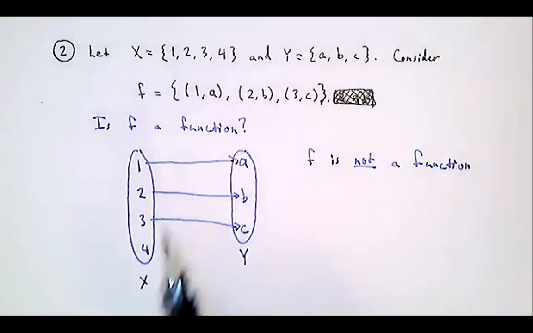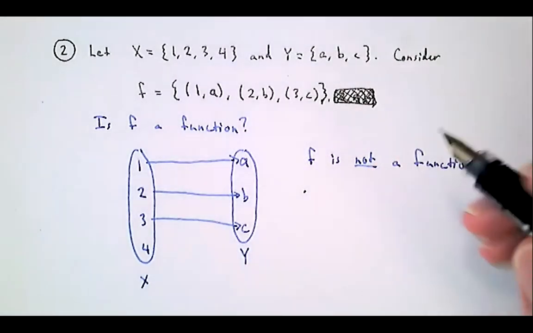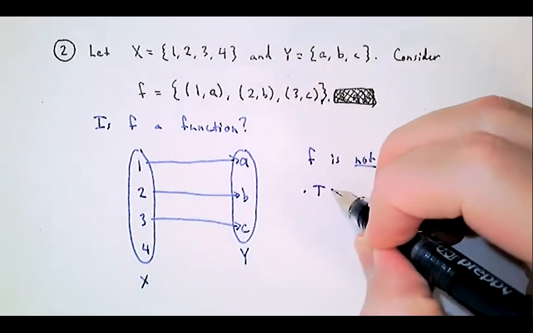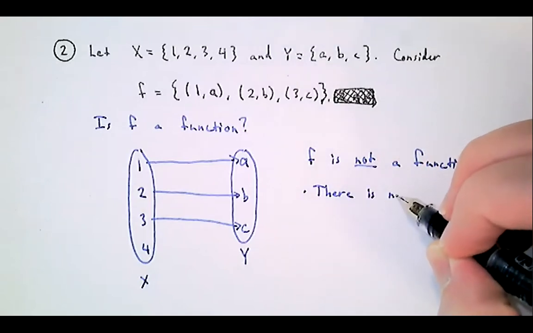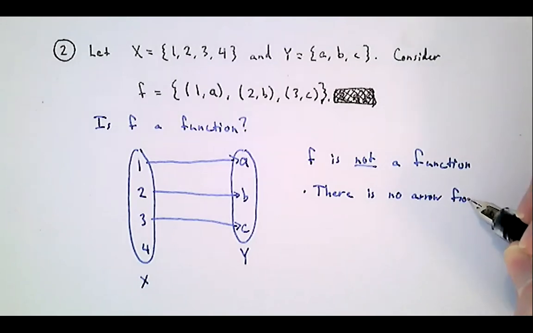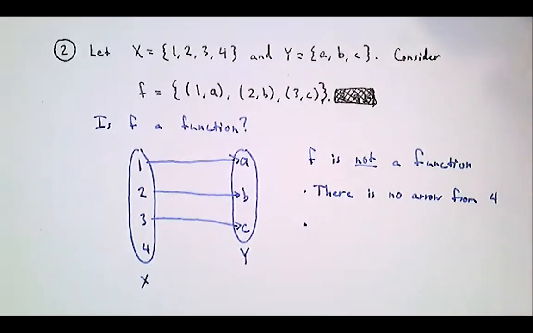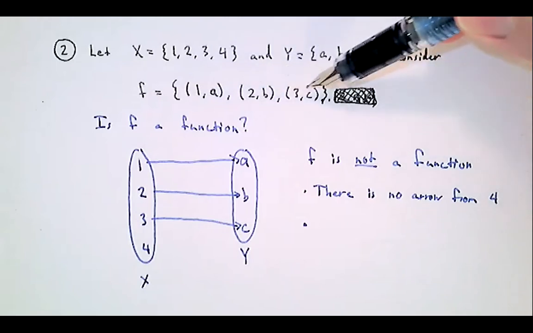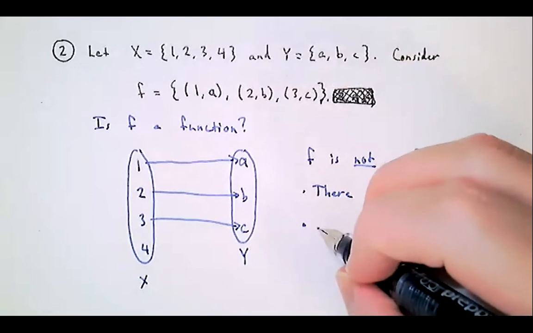And you're right, it's because 4 doesn't pair up with anything else. So in the arrow diagram, there's no arrow from 4. And if we look up at the ordered pairs in our set F, there's no ordered pair where 4 is the first element.